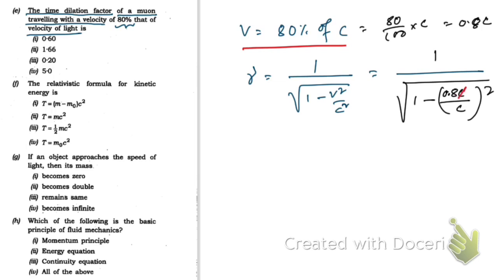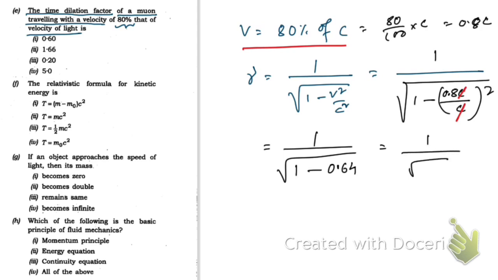So here c is gone, so that's going to be equal to 1 by root over 1 minus, and the square of 0.8 is 0.64, right? And if you subtract it, you have under root 0.36, and the square root of this is 0.6, and if you divide 1 by 0.6, it is approximately equal to 1.66, right? So hope you have understood this.